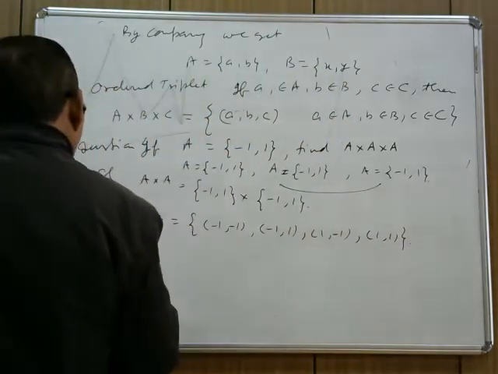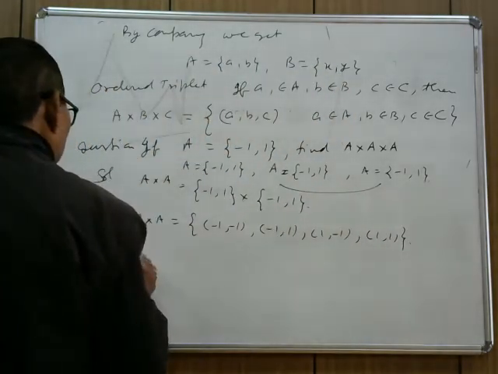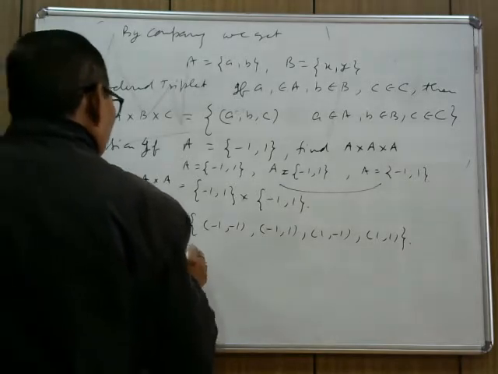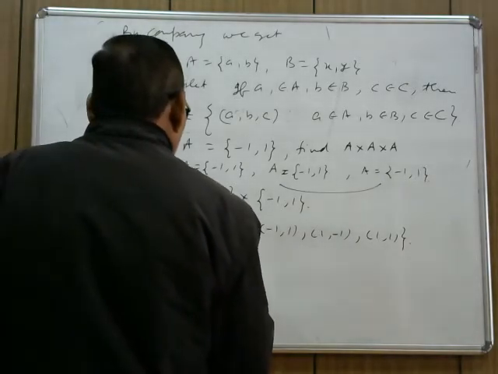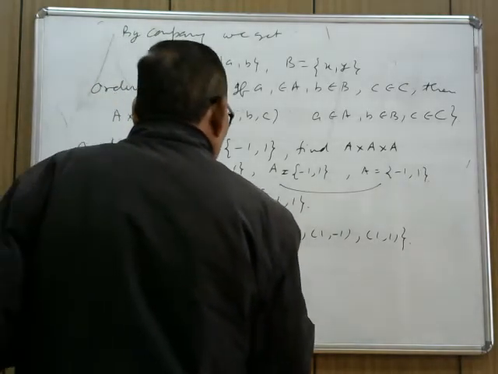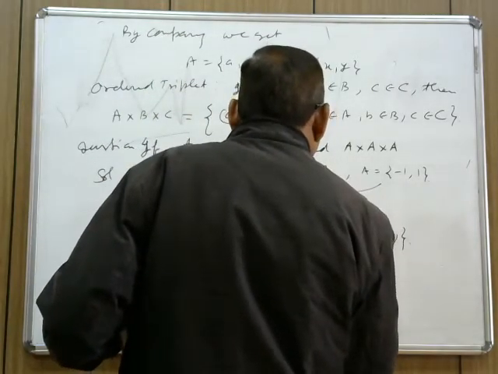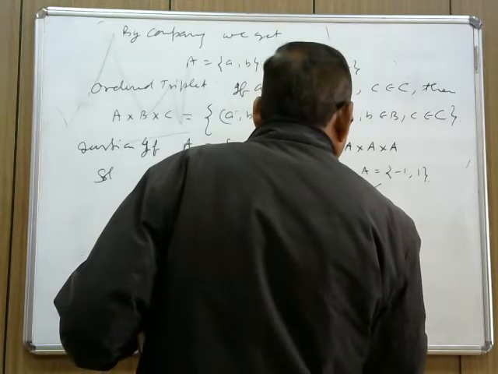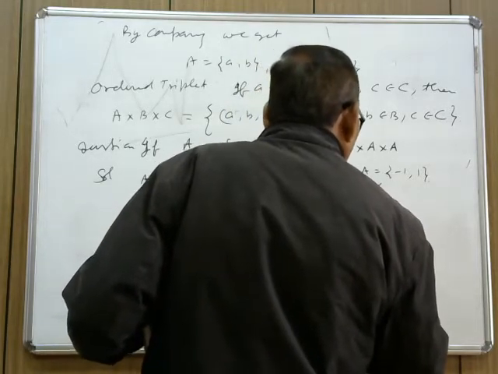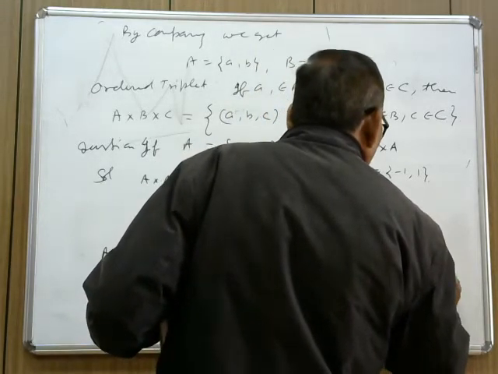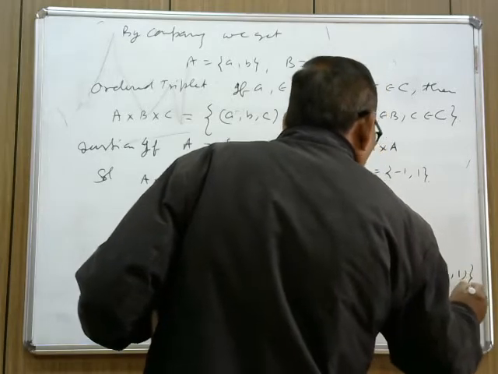Again you find A cross A. So it is {-1, 1} cross, you write A cross A, so it is (-1, -1), (-1, 1), (1, -1), and (1, 1).